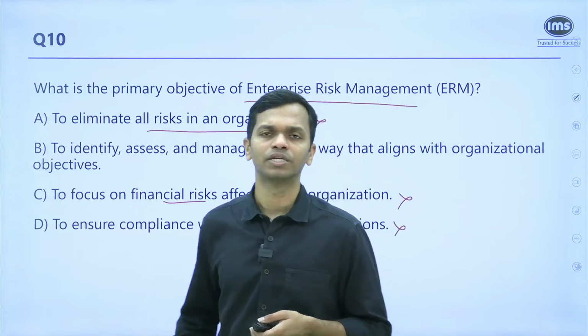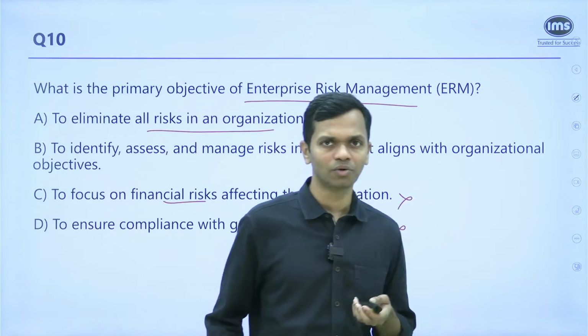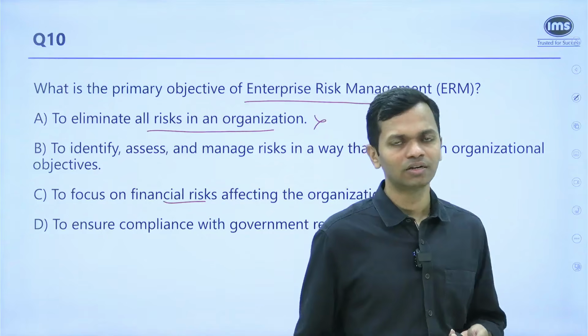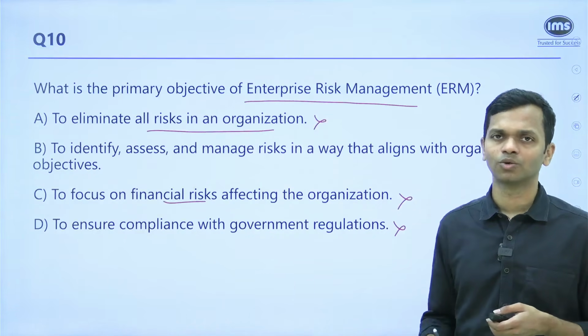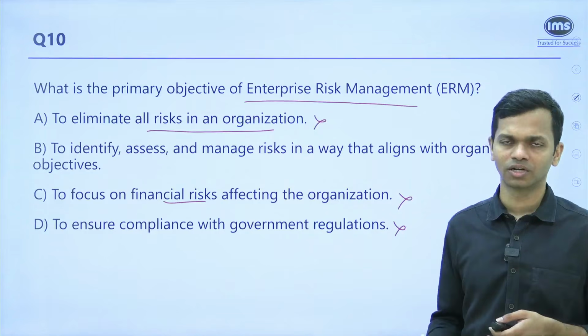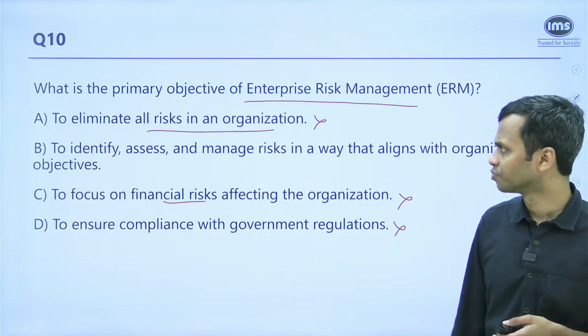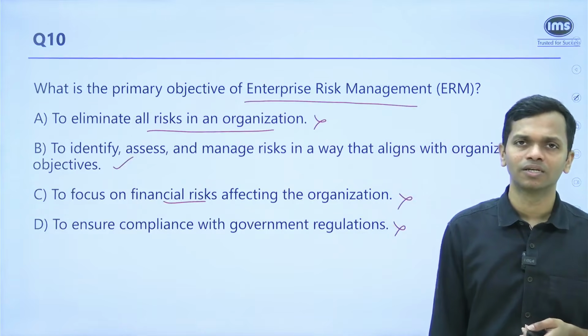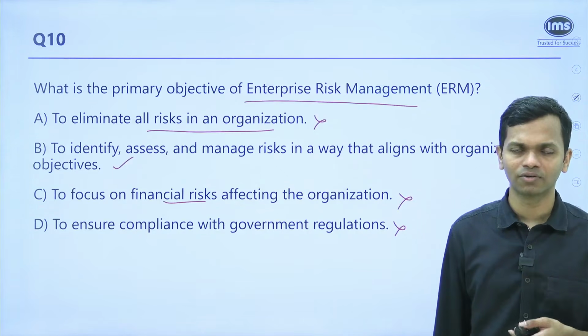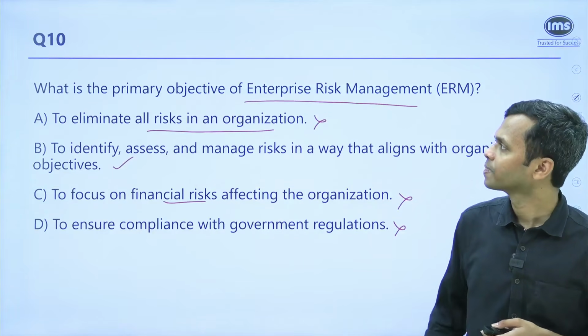Let's say a company decides not to comply with certain government rules, they end up getting fined for that. So the risks are of different categories, right? There could be financial risk, there could be operational risk, there could be marketing risk and so on and so forth. So the only one that explains what ERM is the second option. Okay, so we'll go with that as the answer for this question.